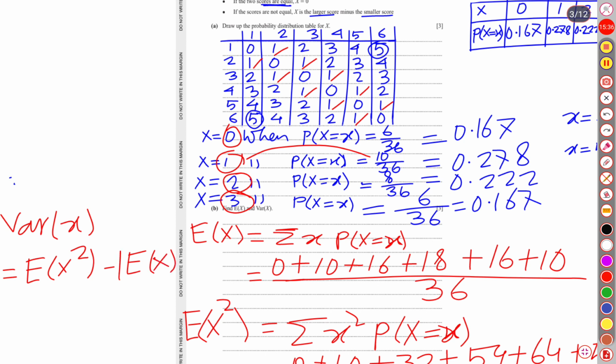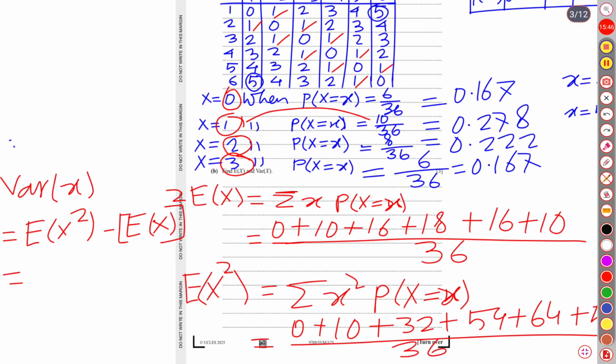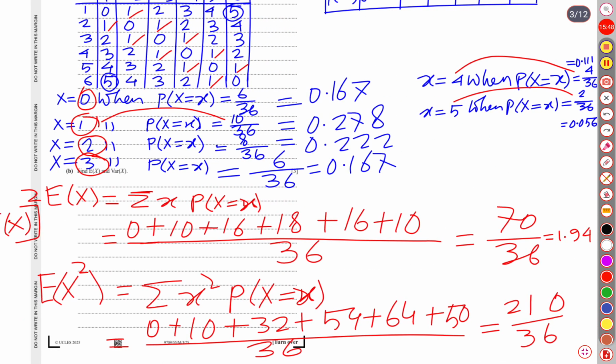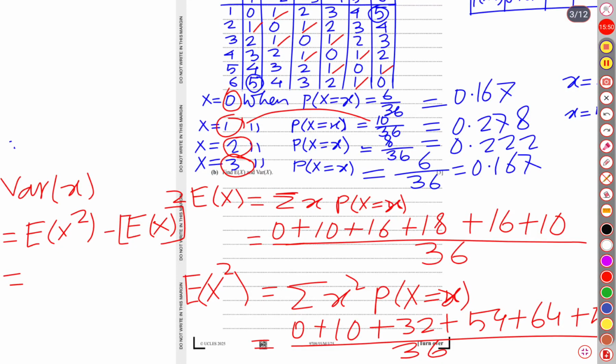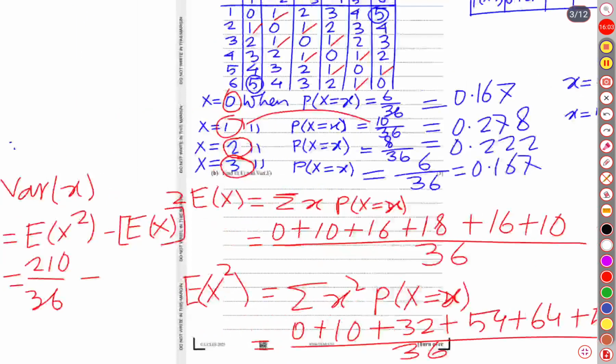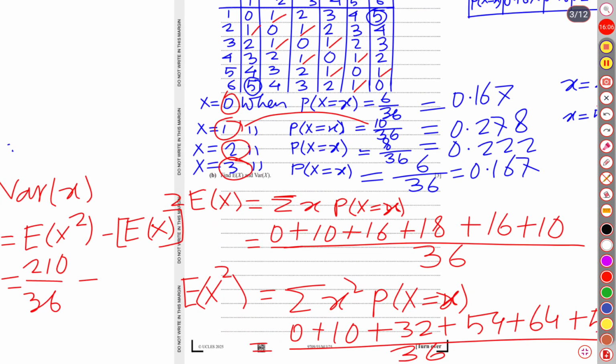E(X squared) we have found here is 210 over 36. So we write 210 over 36 minus E(X) whole squared, where E(X) is 70 over 36, so 70 over 36 squared.